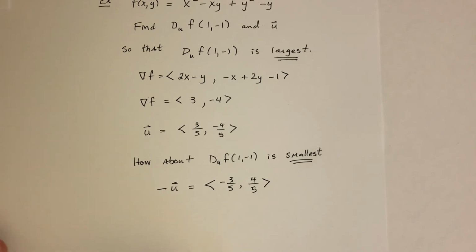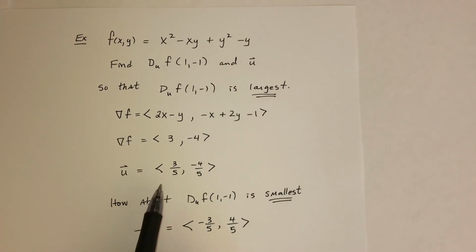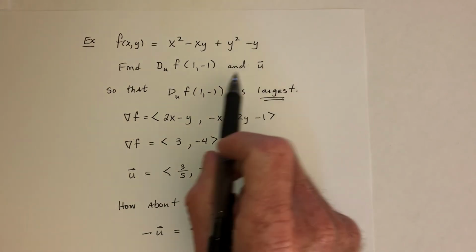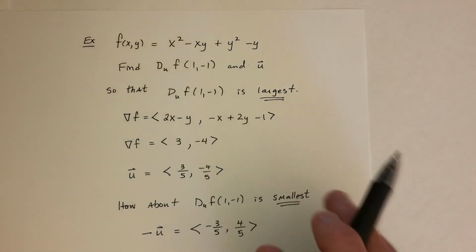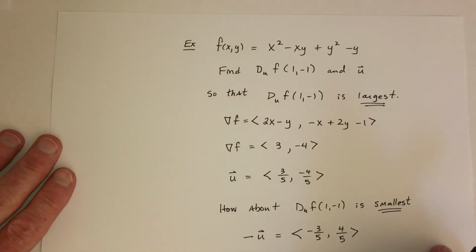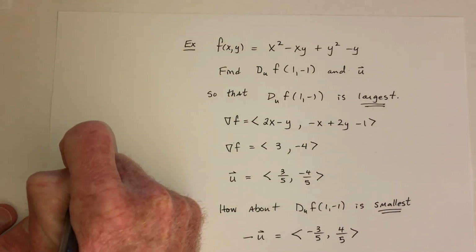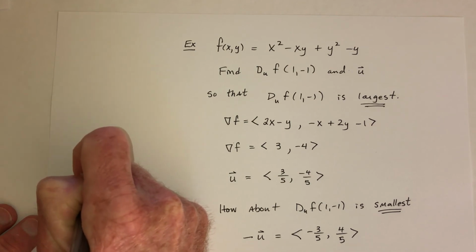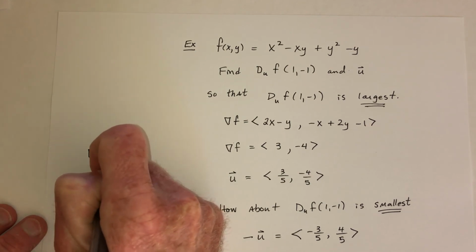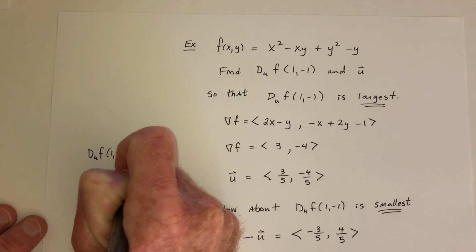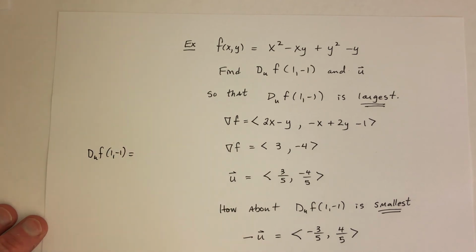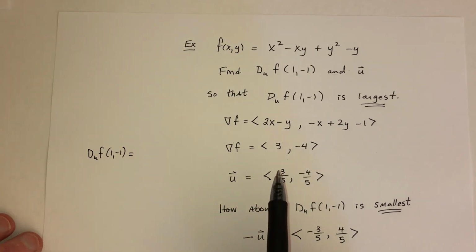And then one more part for this one. Oh, hold on, because I didn't quite finish this. I found the u, but I didn't actually find the derivative, so I need to do that. So the derivative, so then take this dot product with this.